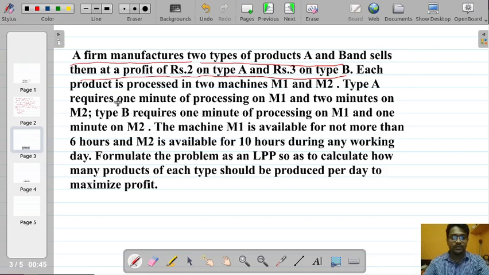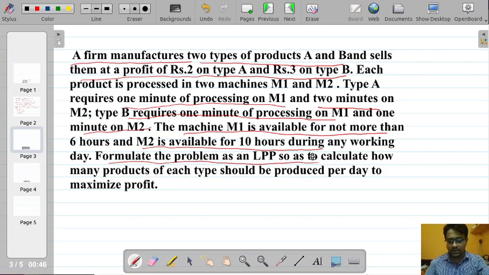Type A requires 1 minute of processing on M1 and 2 minutes on M2. Type B requires 1 minute of processing on M1 and 1 minute on M2. Machine M1 is available for not more than 6 hours and M2 is available for not more than 10 hours during any working day. So formulate the problem as an LPP so as to calculate how many products of each type should be produced per day to maximize profit.